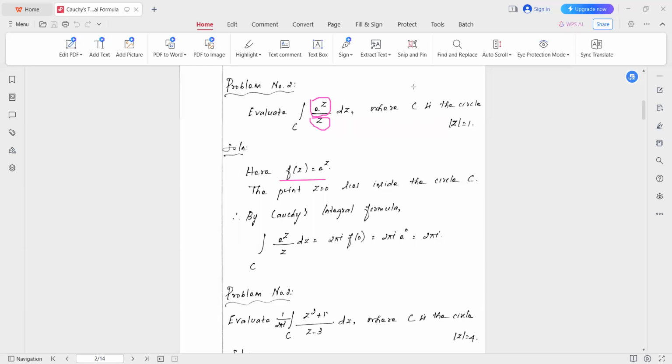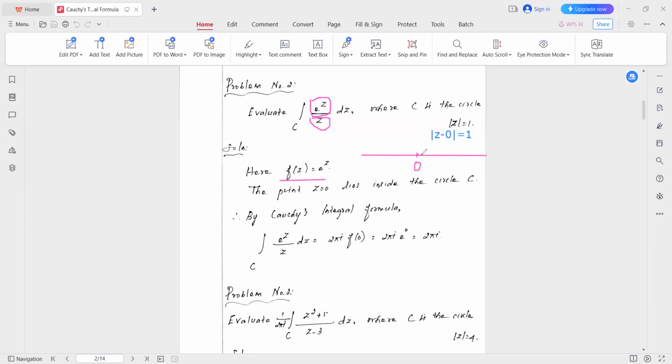Here, what is the circle they have given? It's a circle, mod z is equal to 1. So mod z equal to 1 means what? It's a circle with the center 0, radius 1. So what will it look like? We have a straight line here, and this is 0.